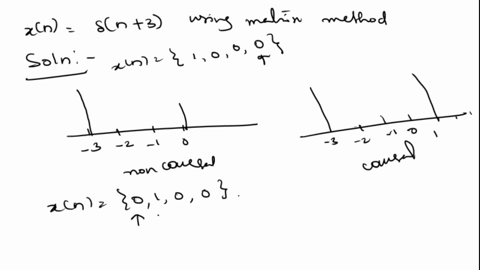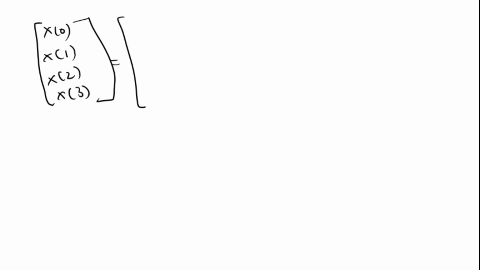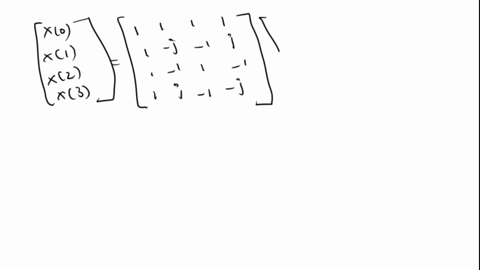Now we can solve this using the matrix method. X of 0, x of 1, x of 2, x of 3 is equal to the matrix 1, 1, 1, 1; 1, minus j, minus 1, plus j; 1, minus 1, 1, minus 1; 1, plus j, minus 1, minus j, multiplied with 0, 1, 0, 0.